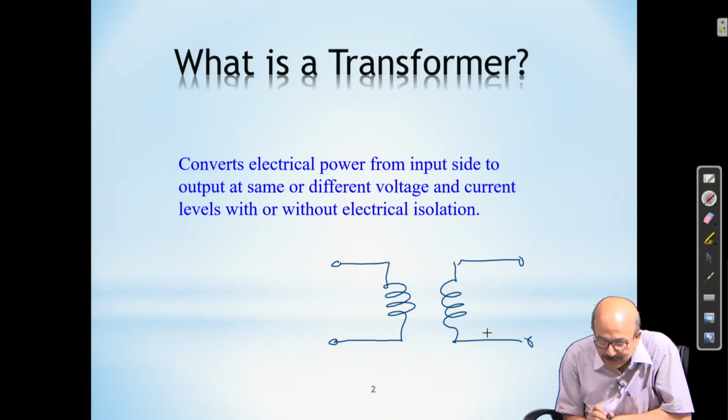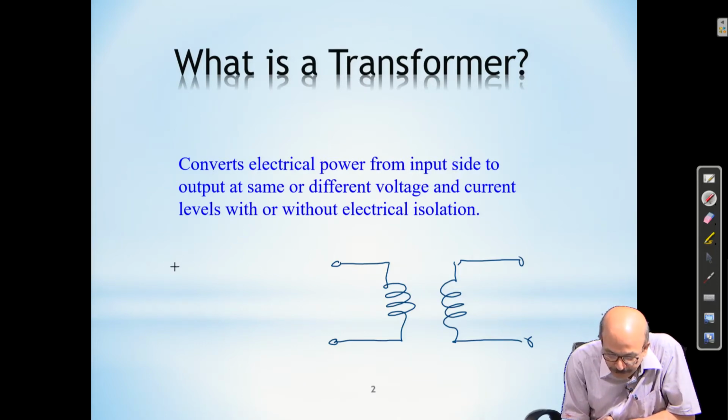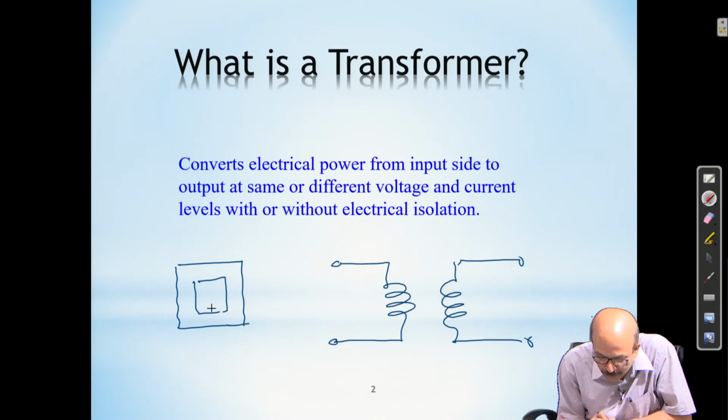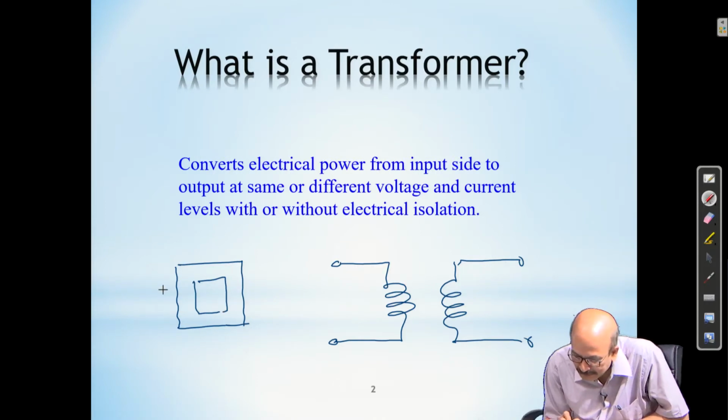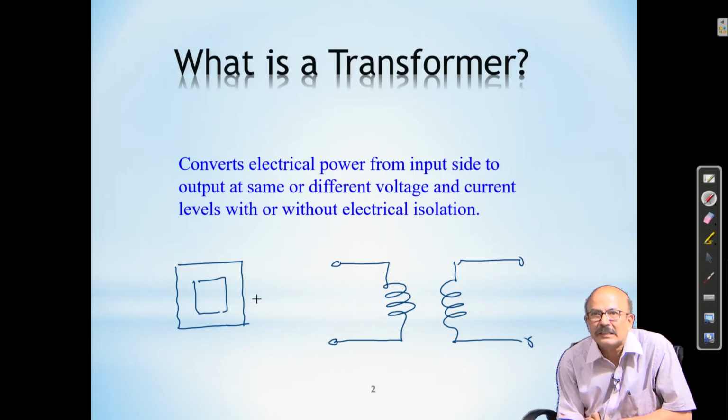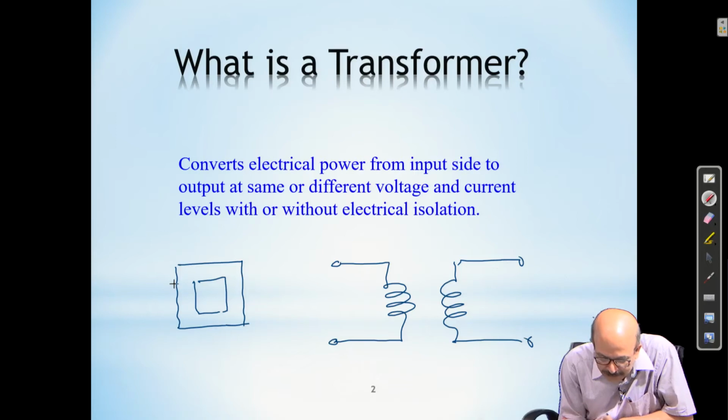And when we last time discussed that, you can think of a core, and it is almost never that these coils are put one this side and the other this side. How is it normally done?